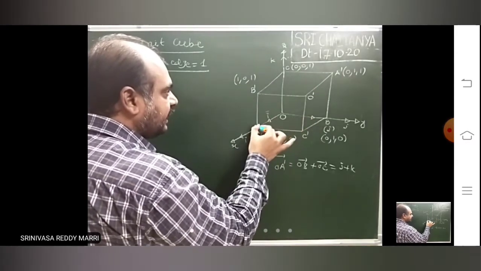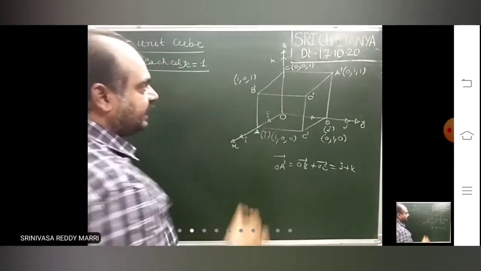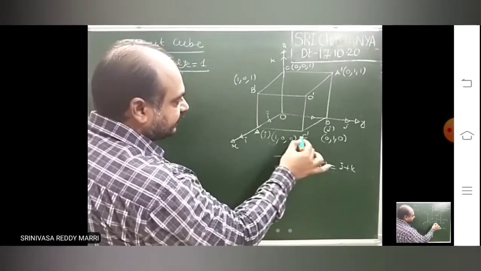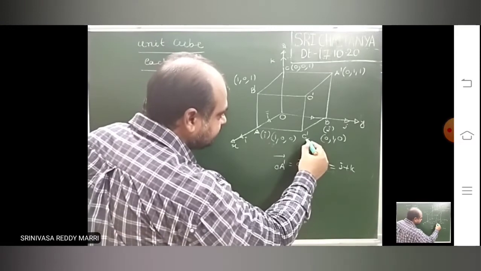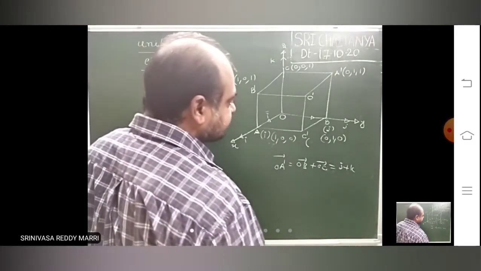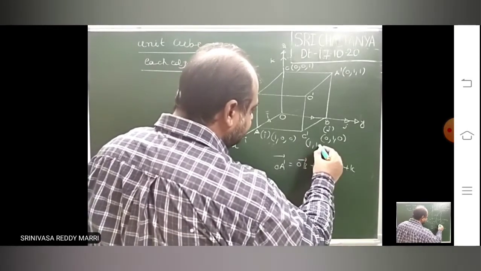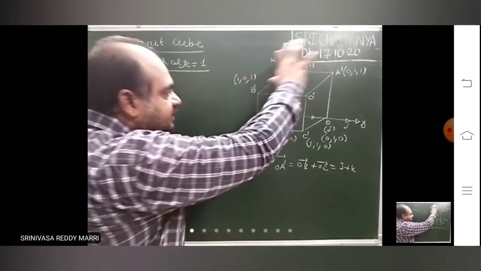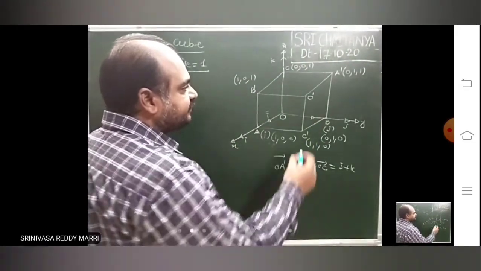OA is I, OC is K. I plus K you will get, that is 1, 0, 1, the position vector. That means C', you take C', it is in the XY plane. XY plane means Z coordinate will be 0. Like that you can take the cube, each and every position vector.